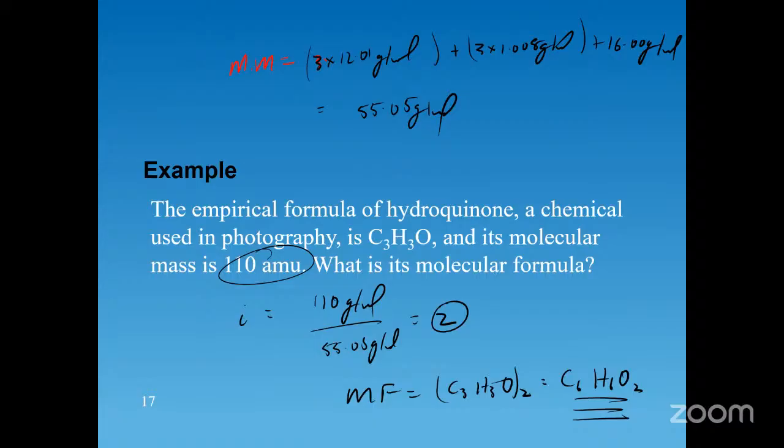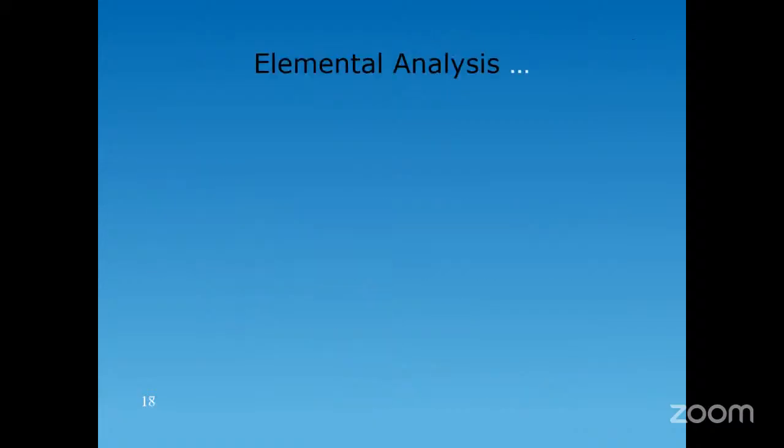Okay. Moving along. All right, now here's something that I don't think you'd have met in your introductory or high school chemistry. And this has to do with the question of how do we determine experimentally the percentages of different elements in a compound, right? So we call this elemental analysis. Now, what I'll be paying attention to are organic compounds.